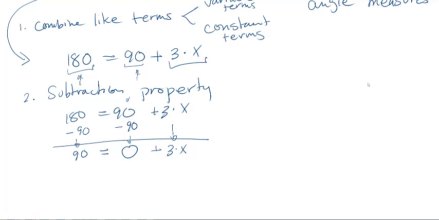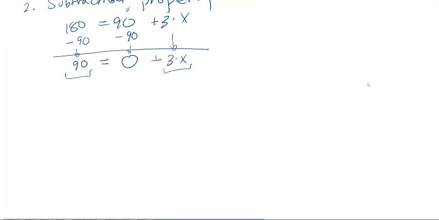So now our equation looks nicer because we've combined the like terms. On the left-hand side we have numbers, we have constants, and on the right-hand side all we have is variable terms. What is our next step? Our next step is that we would like to isolate our variable x completely.